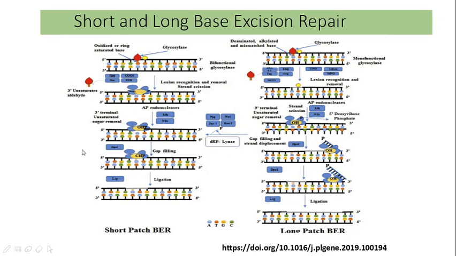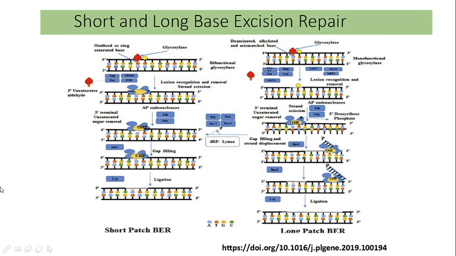Short patch BER requires several repair specific enzymes that do not participate in replication, and is efficient in proliferating and non-proliferating cells, whereas long patch repair occurs in proliferating cells and the proteins are used to a larger extent for the treatment after the glycosylase action.